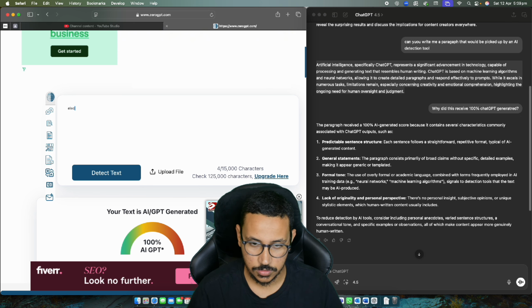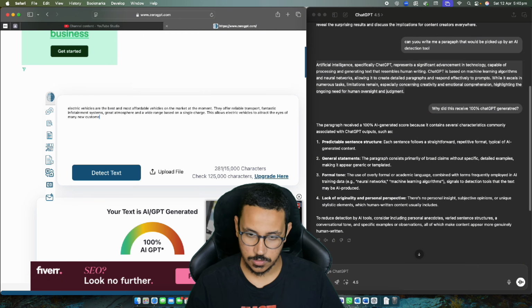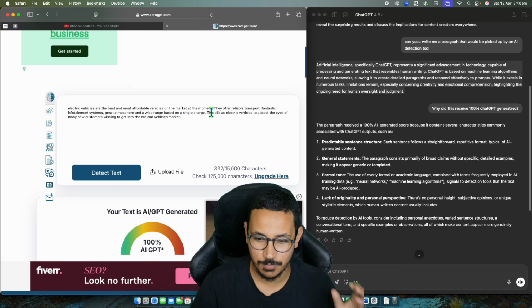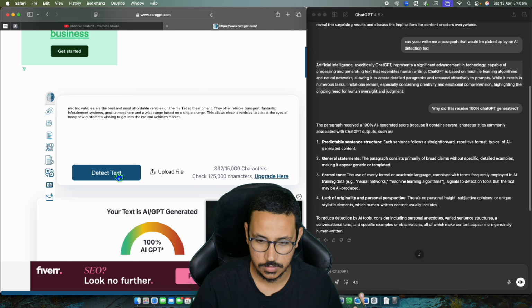So I'm going to say electric... very simple and very silly paragraph, but I am actually very interested to see if this would pass. I think I've ticked off almost all four of these criteria, so let's have a look and detect the text.